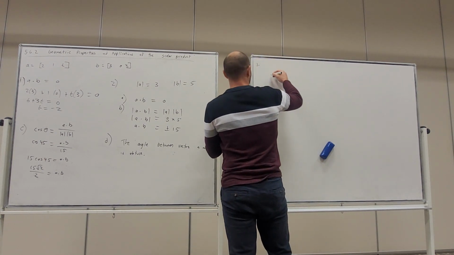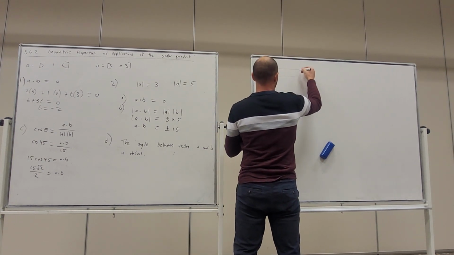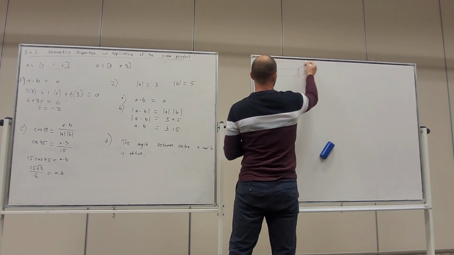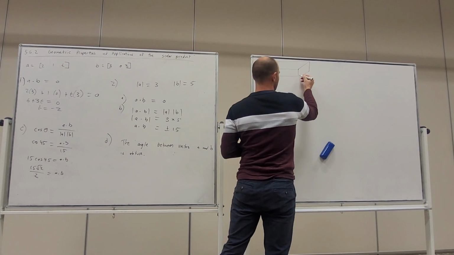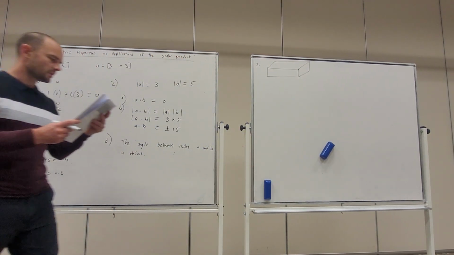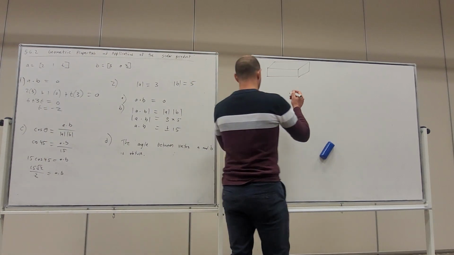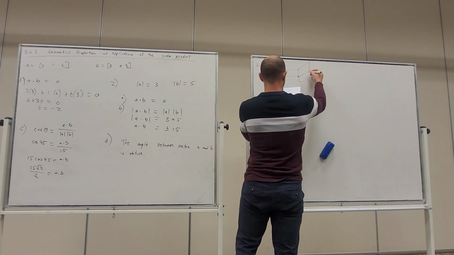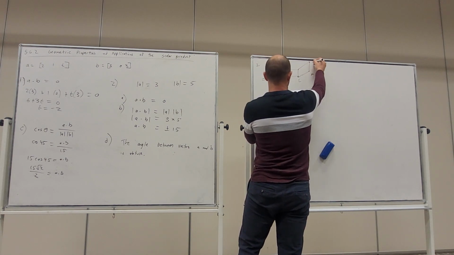Good. Okay, now we've got this three-dimensional box problem, and you'd probably be able to solve this without using vectors, right? But I think it'd be a bit of a long process. So we've got a number of points on it, right? We've got O, we've got P, L, M, Y. We've just put lots of points on it.